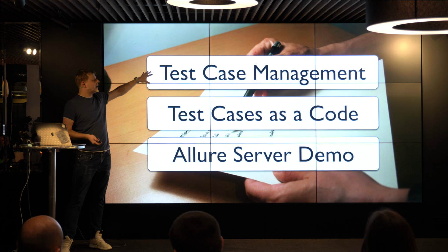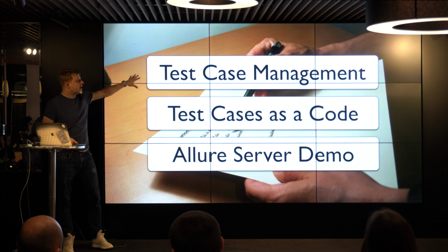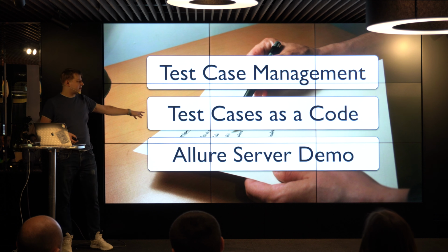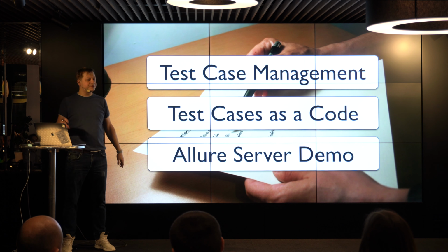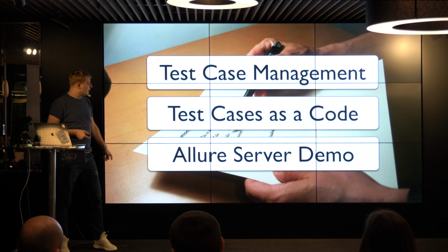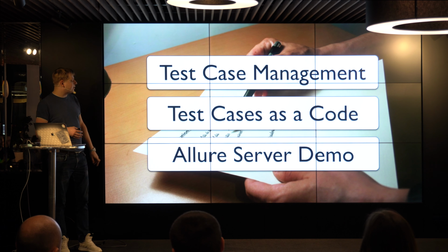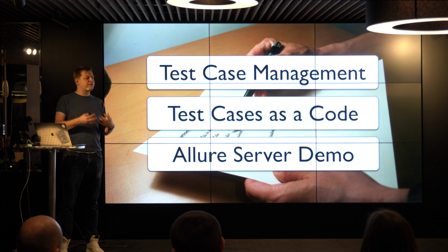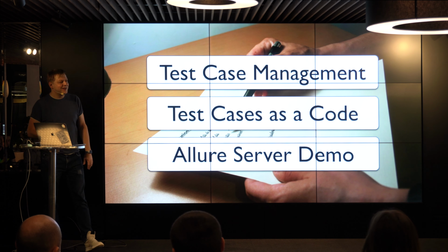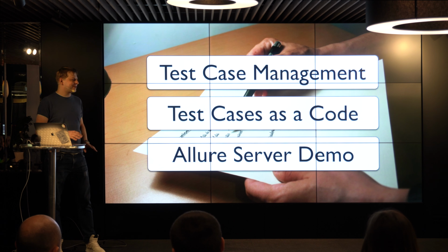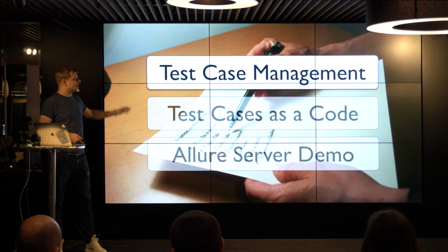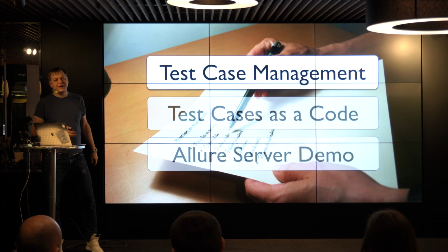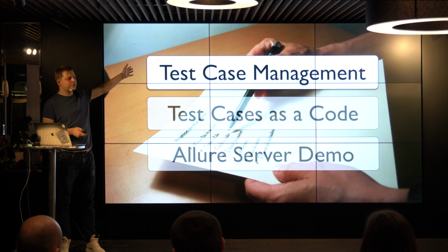First of all, I will tell you about test case management. After that, I will tell about test-cases-as-code principles. And in the last part, I will demonstrate Allure Server, our brand new product, which helps you save a lot of time and reduce manual work as well. So, how many people here know about test case management tools?